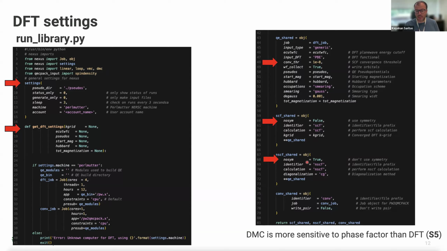Using the nosym tag ensures that the phase of the wave function is calculated more consistently for every k point that you want to use. Ray mentioned this, especially for periodic boundary conditions. It helps you get more consistent results for many of the QMC observables that you want to run.